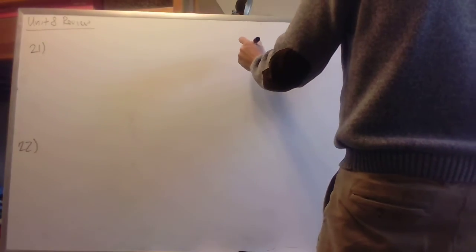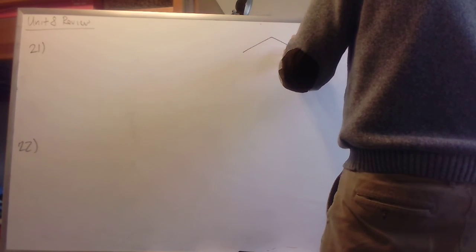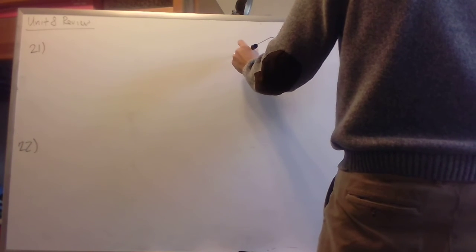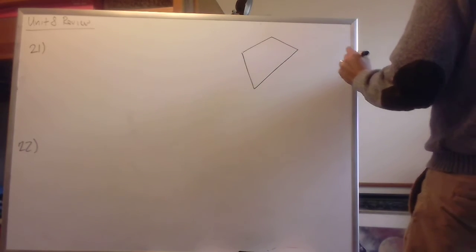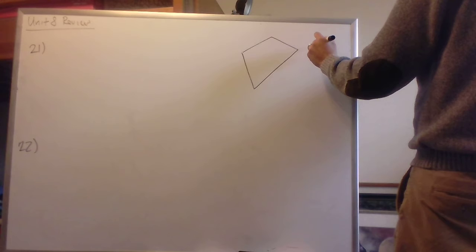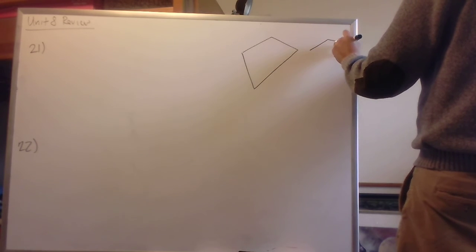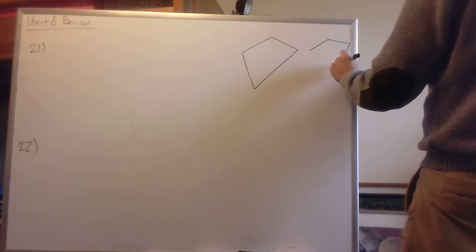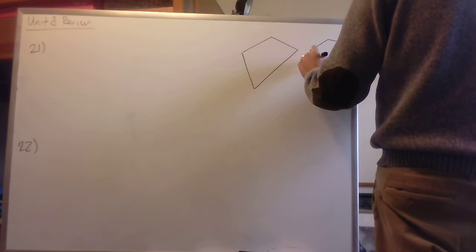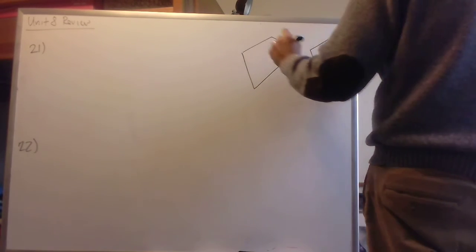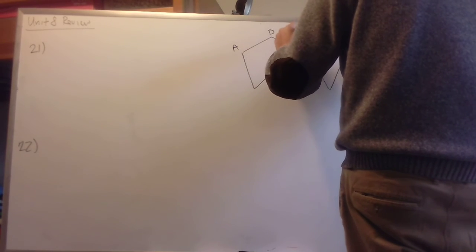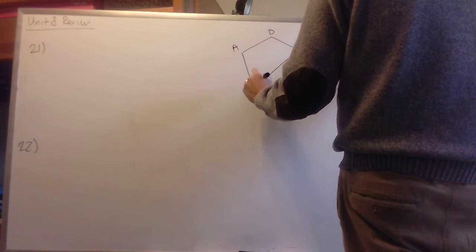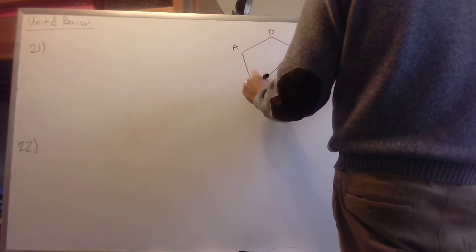So for number 21, we have this shape right here. A, D, C, B. So it's this quadrilateral.